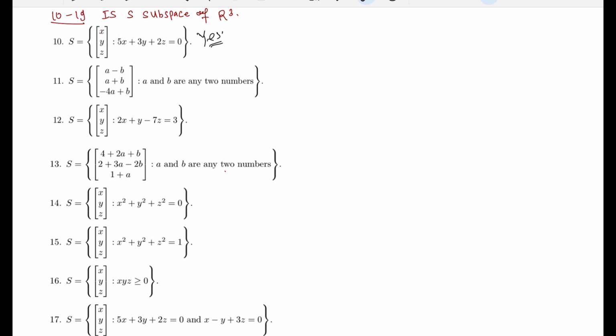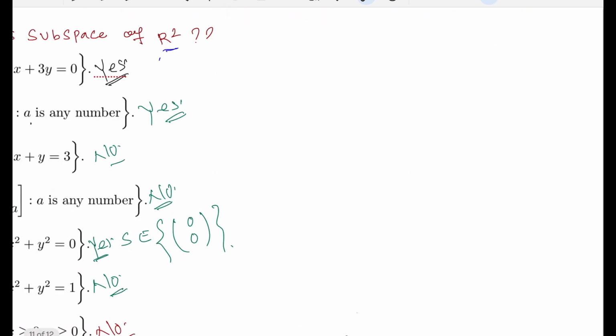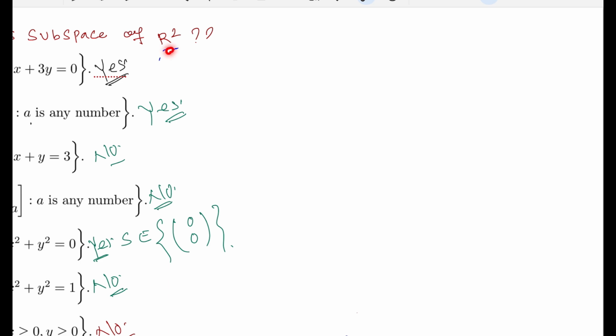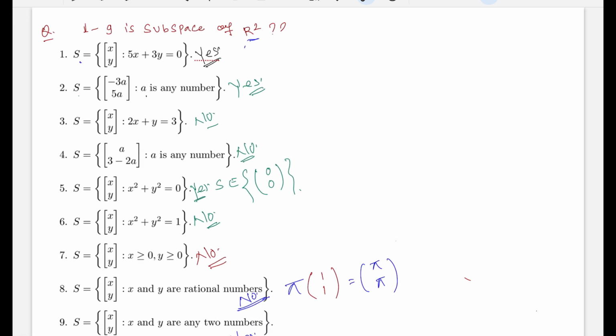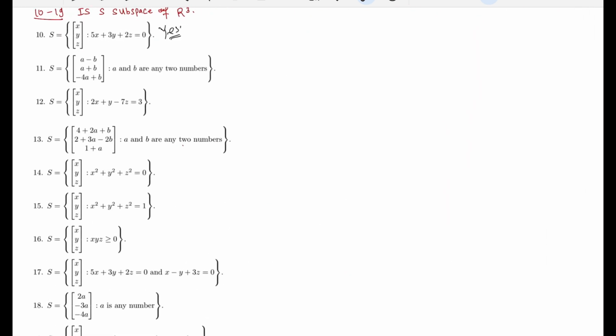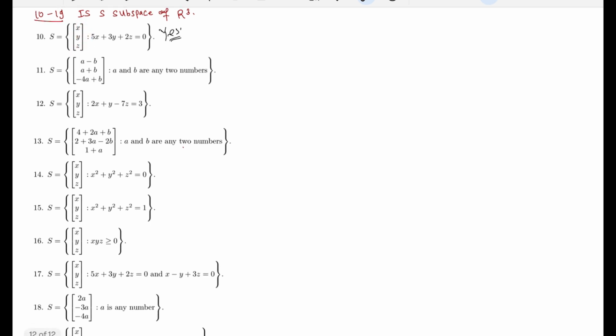Now you pick any two vectors from this set and add them, as we have done in earlier examples. In the earlier examples, we had sets of vectors from two-dimensional space, and now we have a set of vectors that belongs to a three-dimensional space.